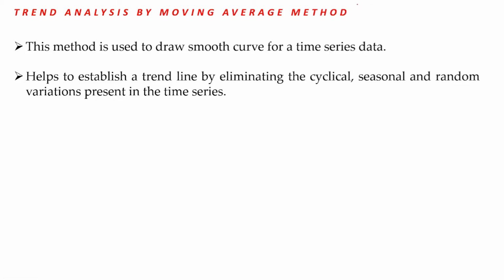We have studied the 3-period moving average and the 4-period moving average. In 3-period moving average, we find the 3-period moving total and then we divide that by 3 to find the 3-period moving average. And in 4-period moving average, we find the 4-period moving average and then the 4-period centered average.